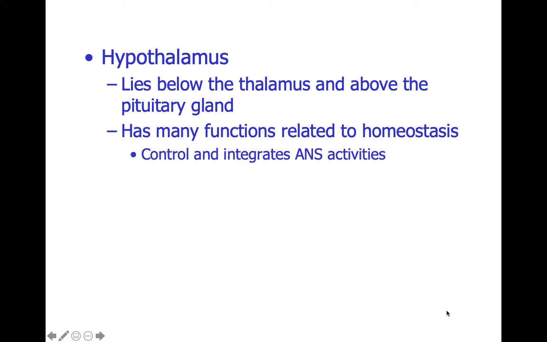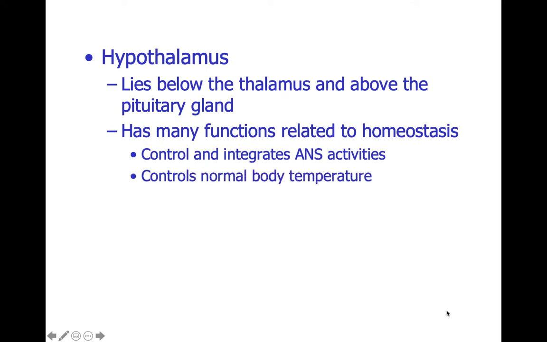One of the ways it does that is to control and integrate ANS activities, the autonomic nervous system. The autonomic nervous system, we'll remember, is made up of the sympathetic and the parasympathetic divisions. So this is kind of monitoring, are we amping things up? Are we getting ready for that fight or flight, or are we backing them down, doing that rest and digest?